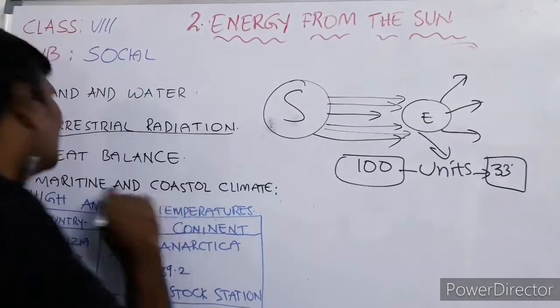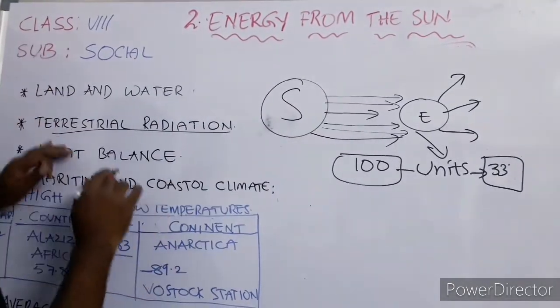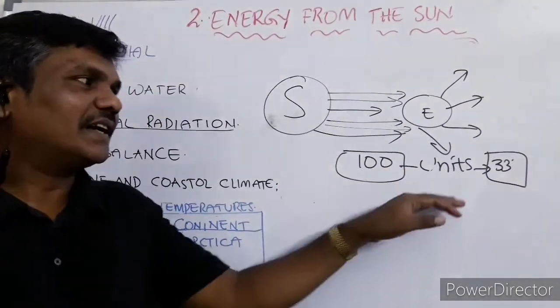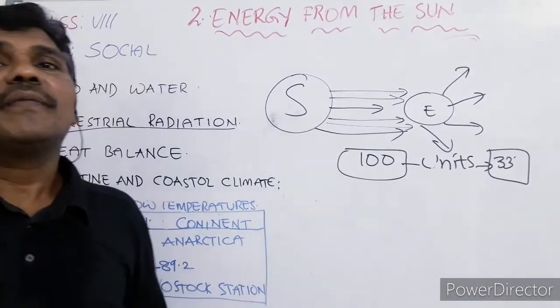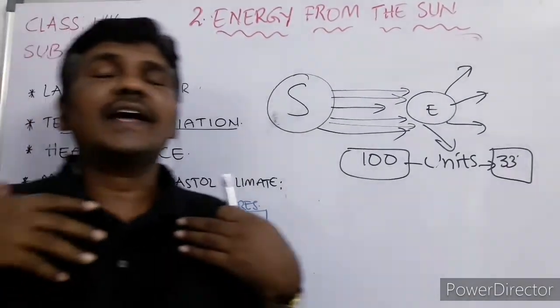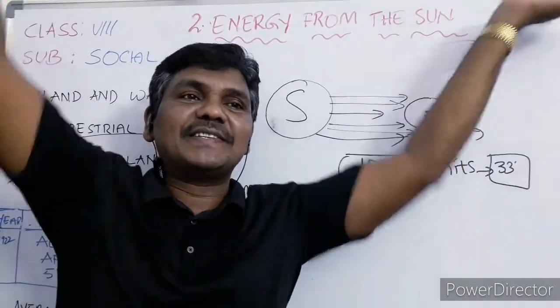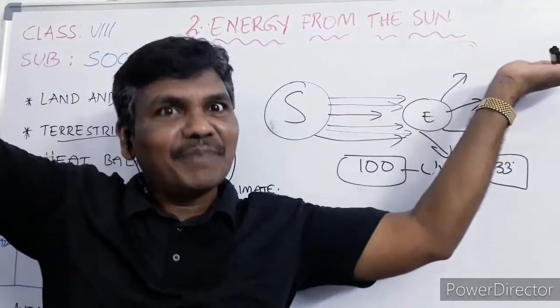That is called terrestrial radiation. Terrestrial radiation is nothing but the earth sending its temperature to space.